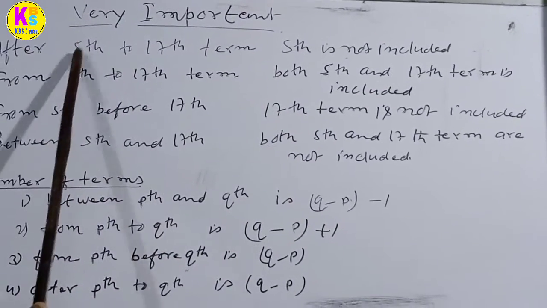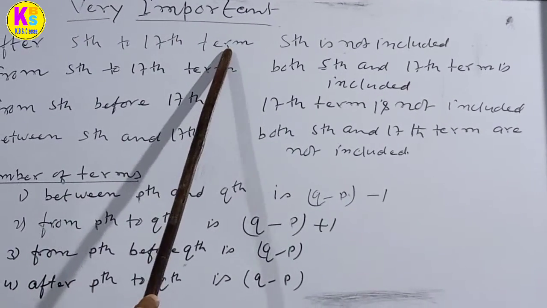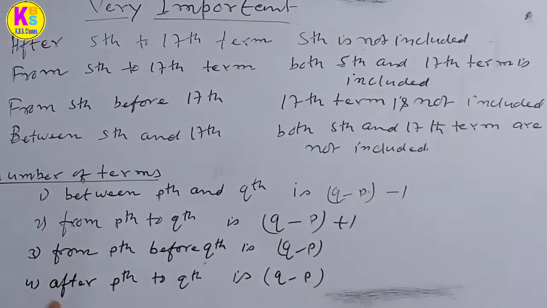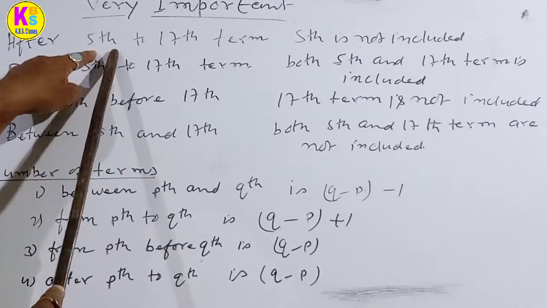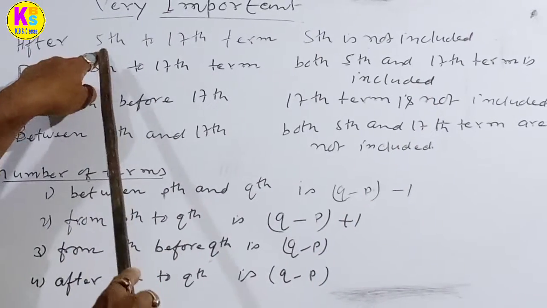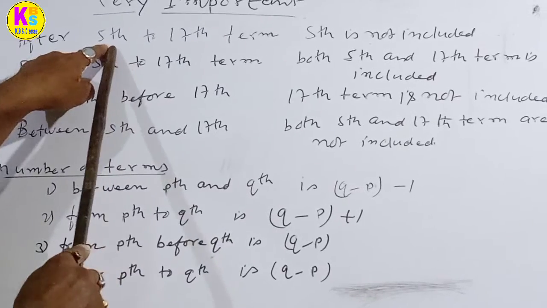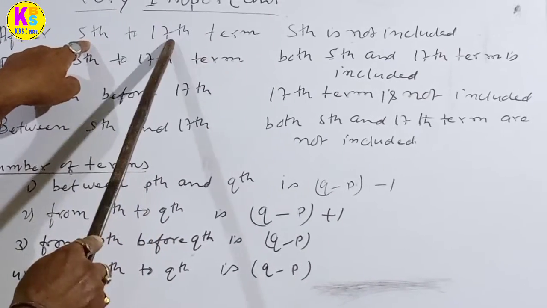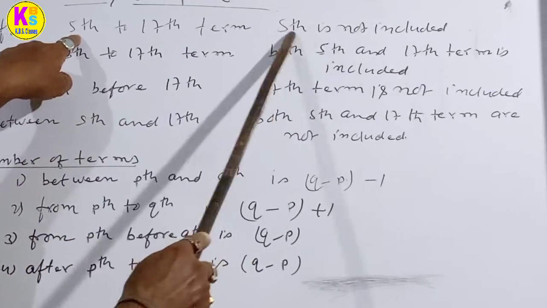After 5th to 17th terms, which term is included and which is not? After 5th means the 5th term is excluded, starting from the 6th term up to the 17th term. So here the 5th term is not included.